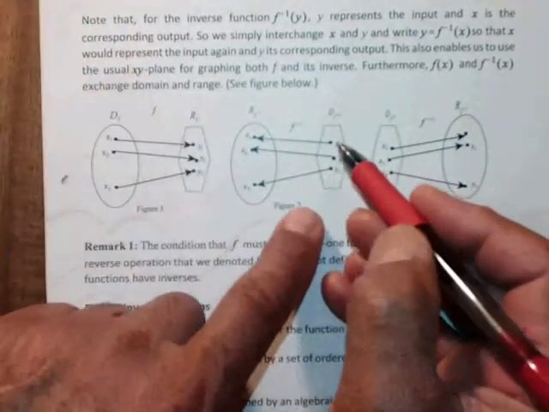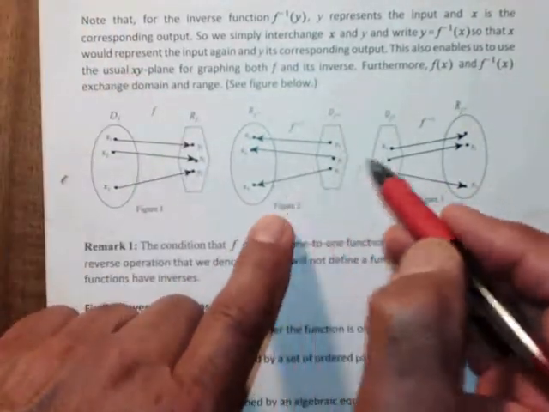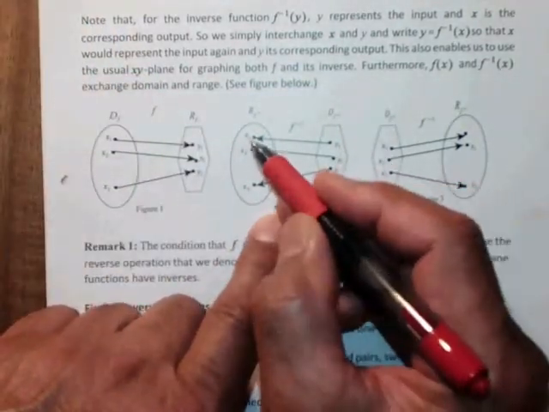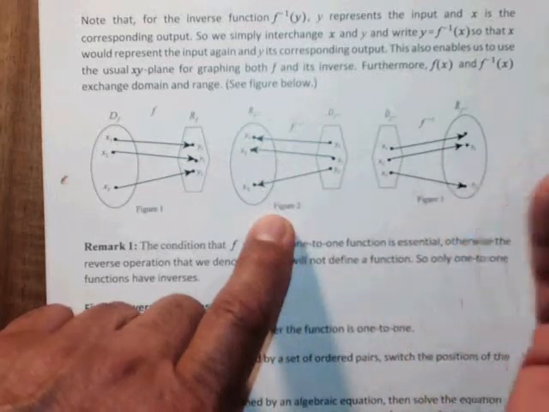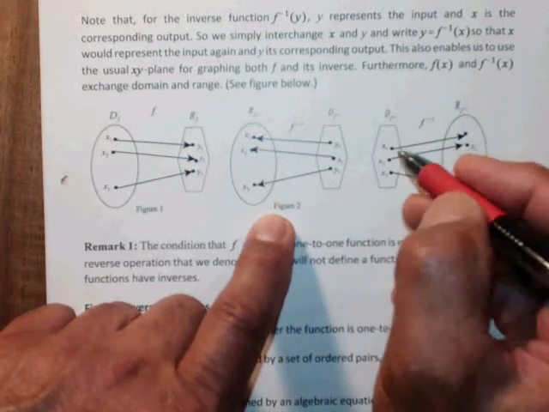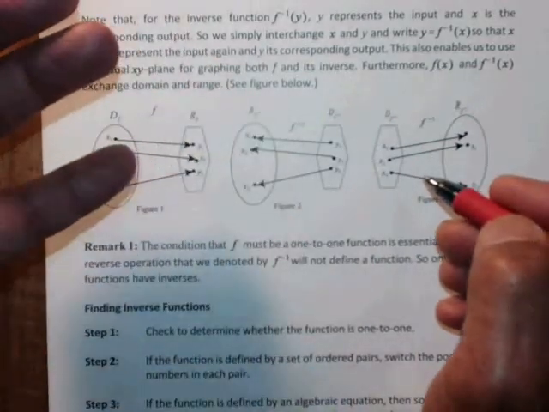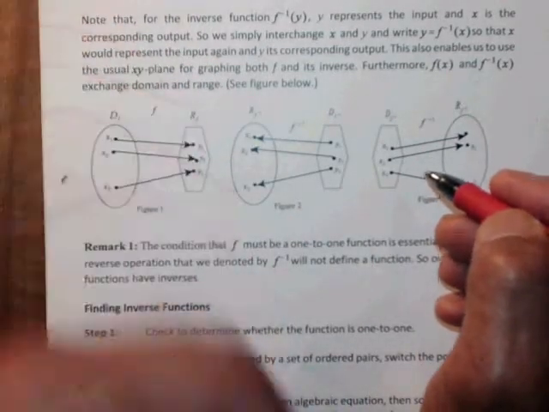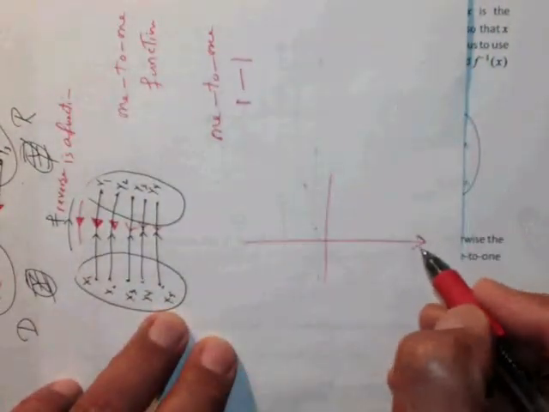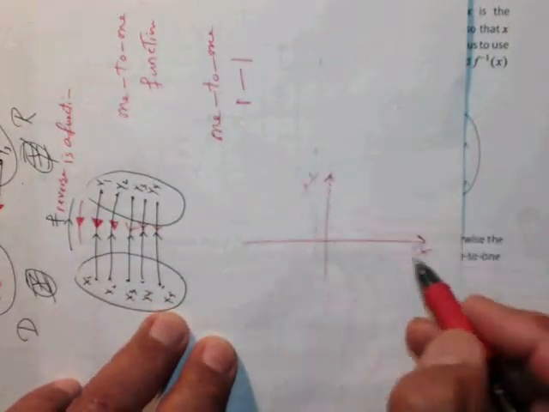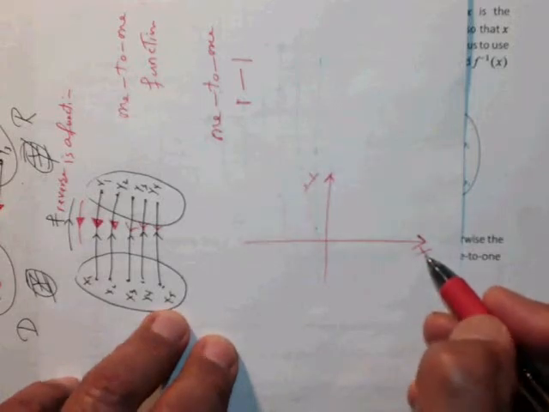Then these y1, y2, y3 would be on the left side, and then x1, x2, x3 on the right side. Then I change the names. I change x's to y, y to x, so x is always going to be the input value, because when you use the xy plane, the horizontal axis is always the x-axis.